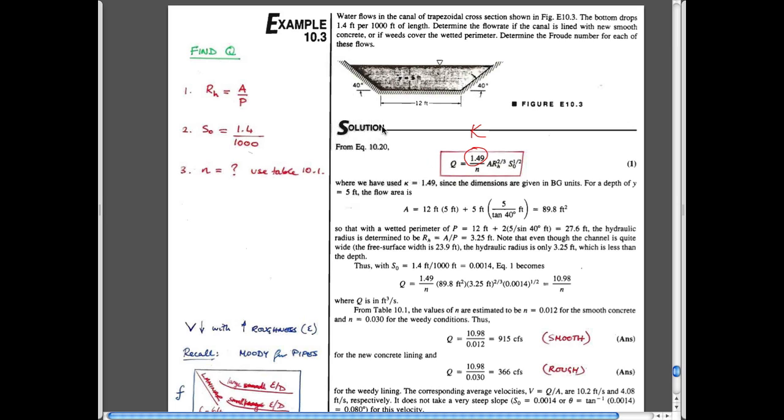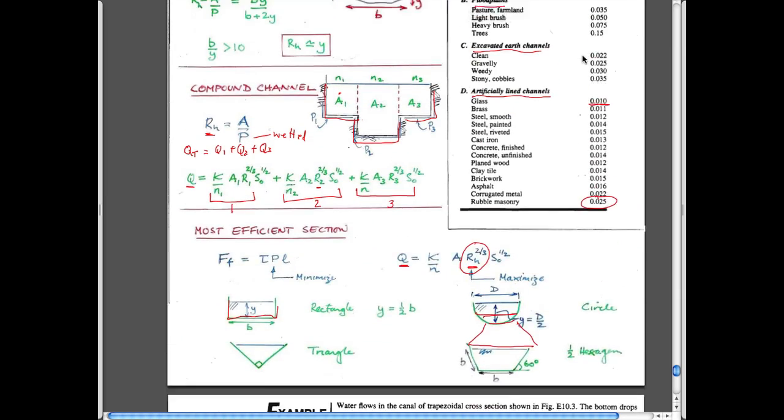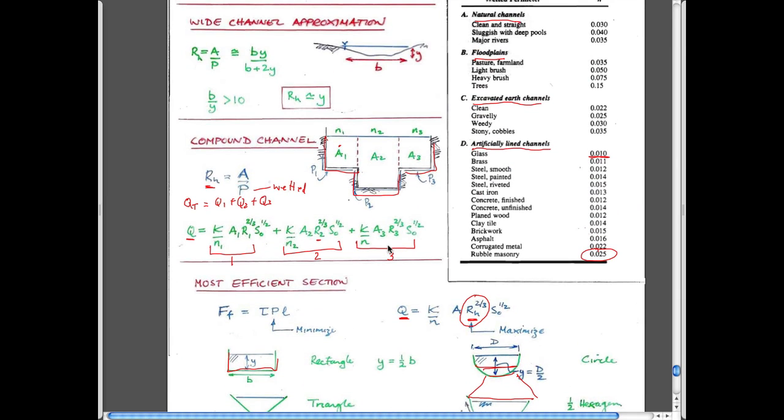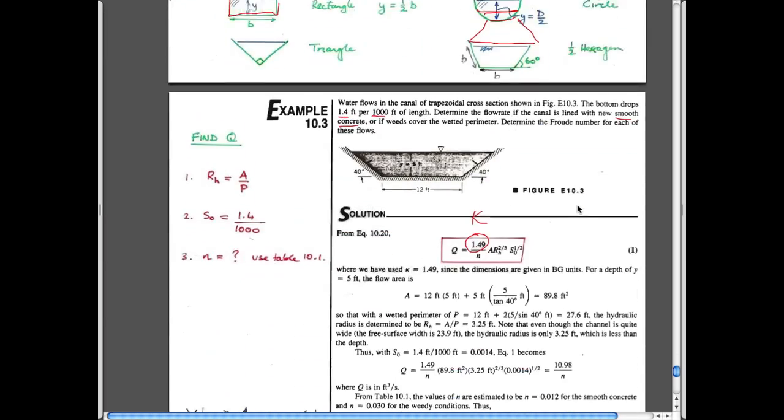And so for this particular case, it drops 1.4 feet every 1,000 feet along its length. It's lined with smooth concrete. And so we need to know what that would be in terms of a Manning coefficient. And I suppose smooth concrete might be this, don't know. Again, it's just like a friction factor.